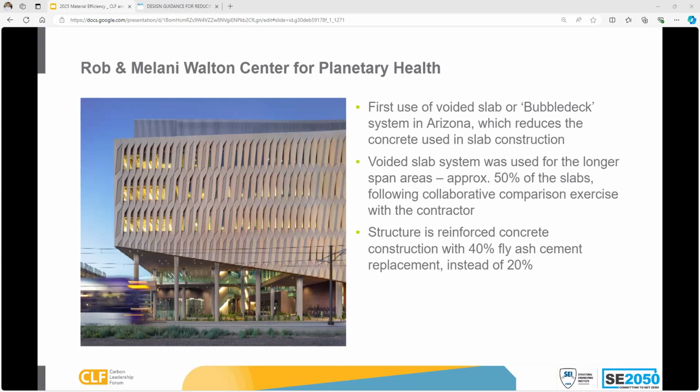But we identified that basically the majority of the embodied carbon of the structure was going to be in the floor system. And this was the first use of voided slab in Arizona. We also used high SCMs in the concrete, specifically fly ash, because that's what was locally available.